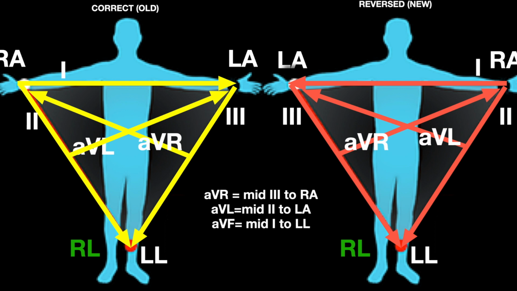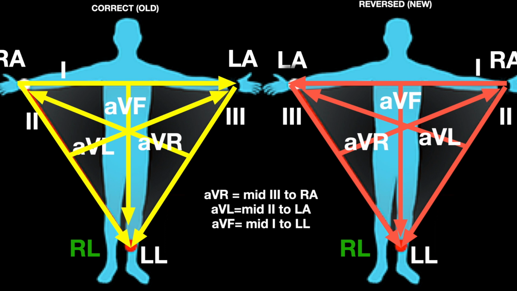And then lead AVF is determined to be the midpoint of lead 1 pointing down toward the left leg, or toward the feet, essentially. That will stay about the same, because lead 1 is still here, and even though it's the same direction, it's perpendicular to it, so it doesn't care. So AVF is going to stay essentially the same.